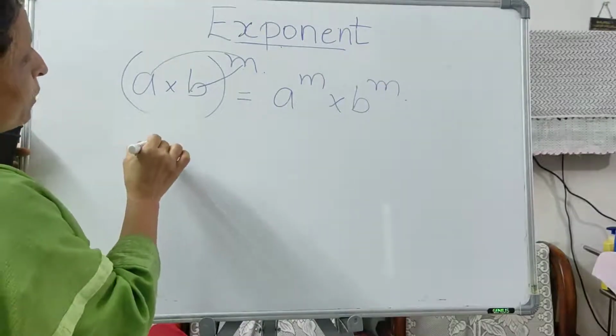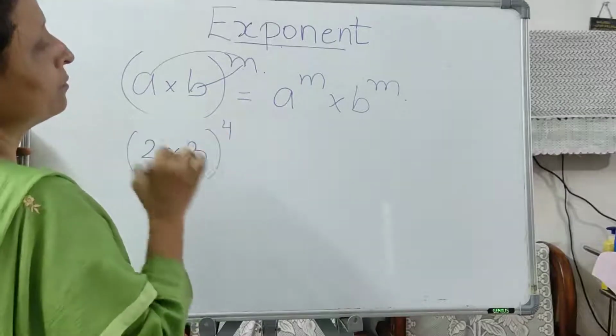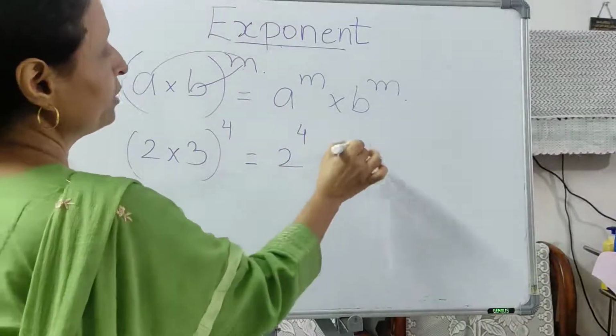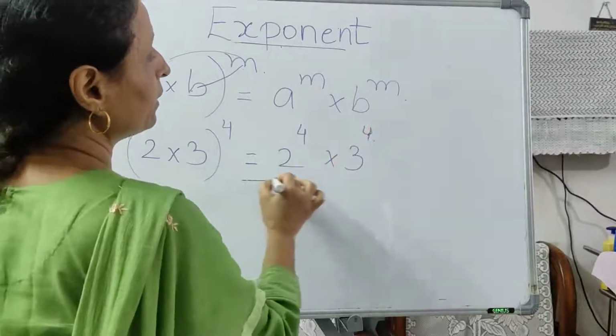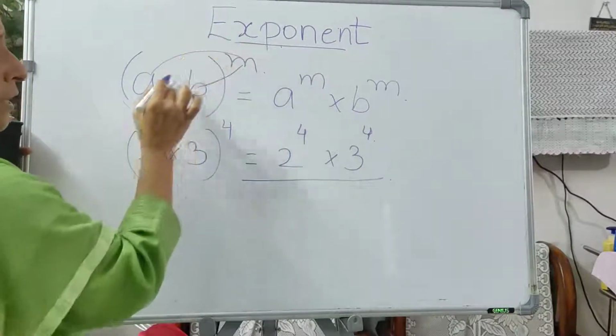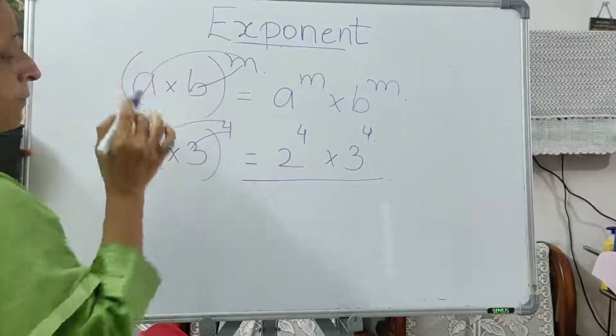Now I take numerals, 2 into 3 raised to 4. So it is 2 raised to 4 into 3 raised to 4. This is how it can be solved, because this power will go to both of them.